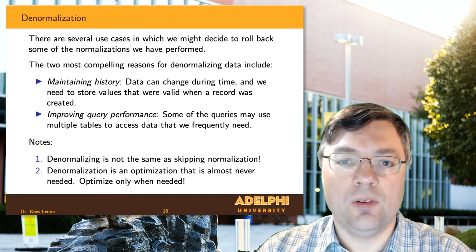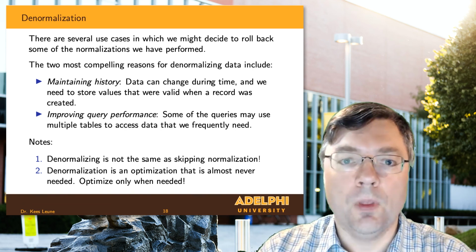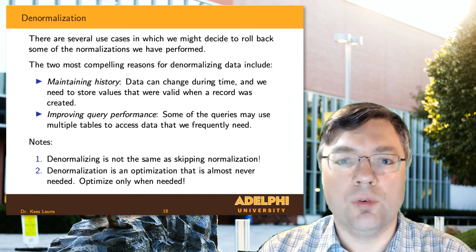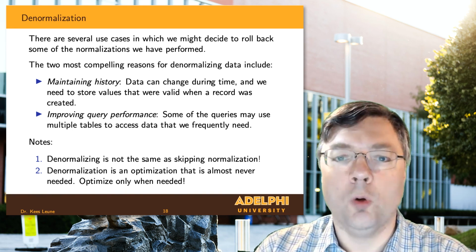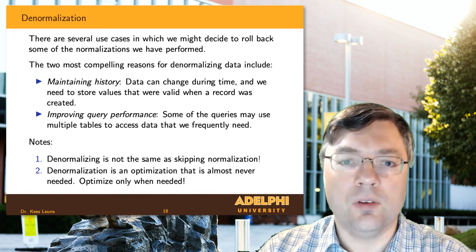It is an optimization though, and optimization should only be engaged in if absolutely necessary. Don't optimize things that you don't have to optimize. Premature optimization is the root of all evil, as someone has said at one point. Optimization almost always adds complexity, and we try to remove and reduce complexity as much as we can.